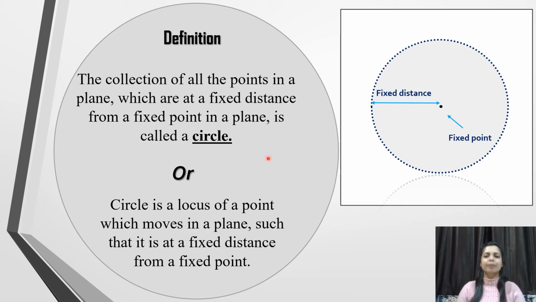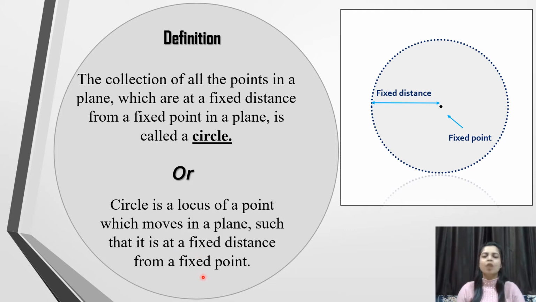Now students, imagine this white region is our plane and this is our fixed point. From this fixed point, this is the fixed distance, and now these are the collection of points which form a circle. To be more precise, we can say a circle is a locus of a point which moves in a plane such that it is at a fixed distance from a fixed point.